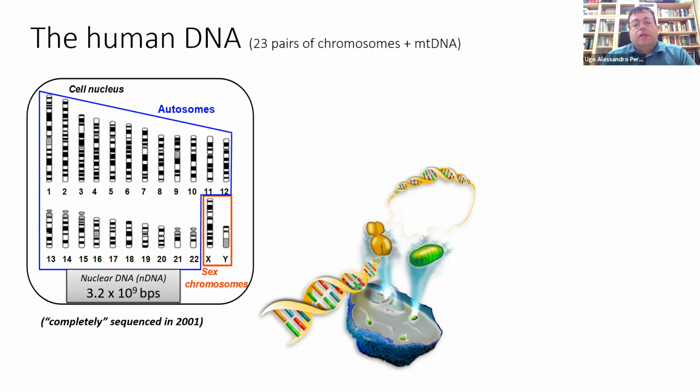But inside the core of most of these cells there is a nucleus. So we have inside the nucleus our genome or nuclear DNA, nuclear because it's found in the nucleus.